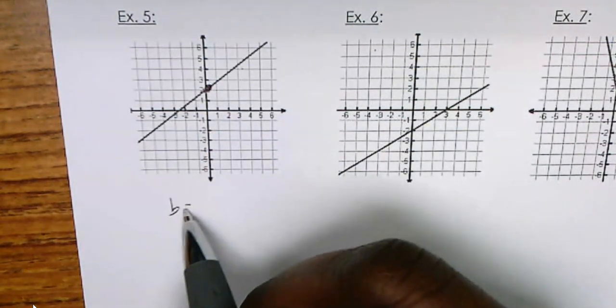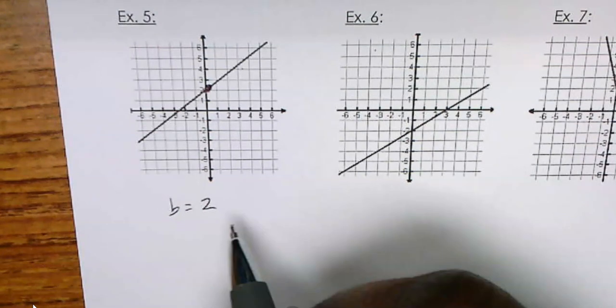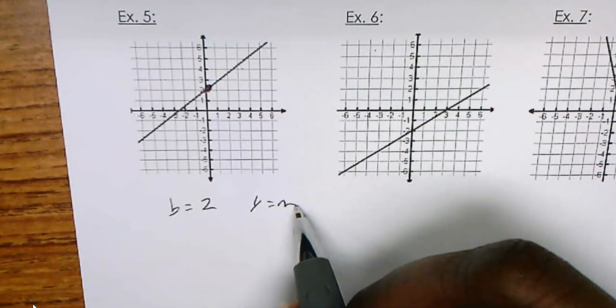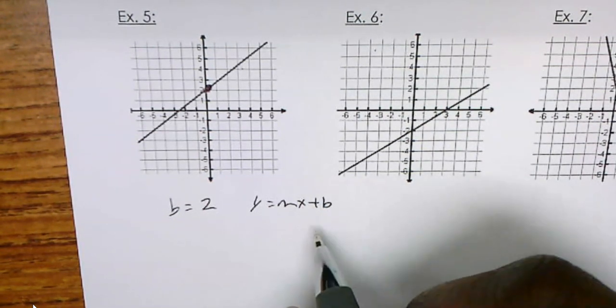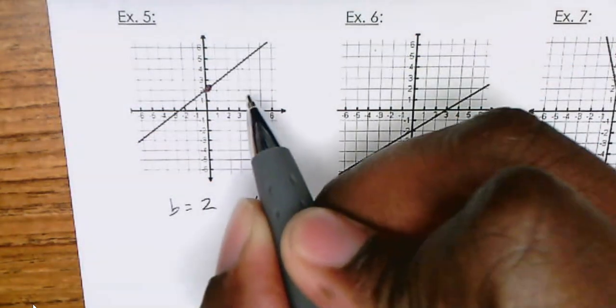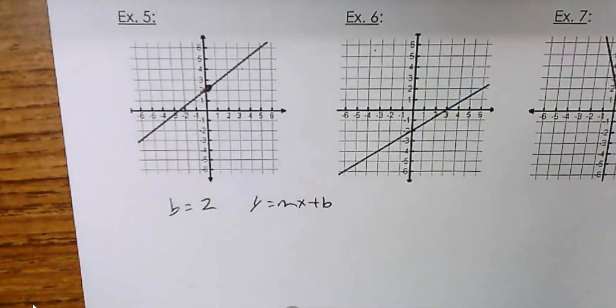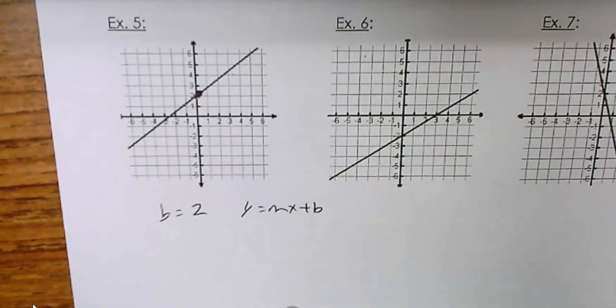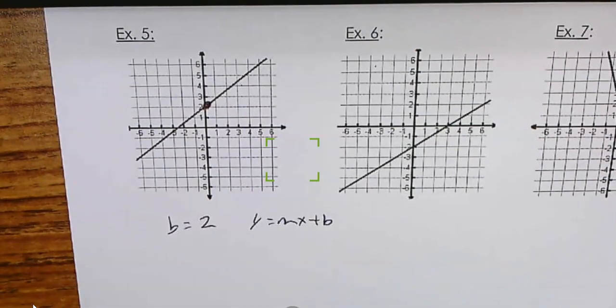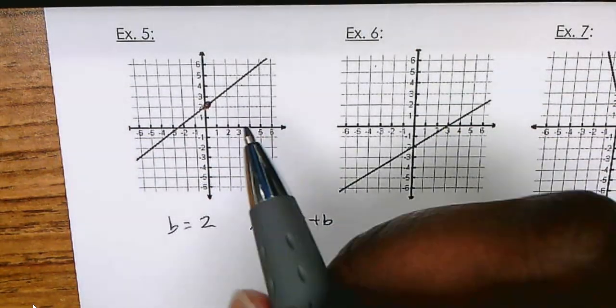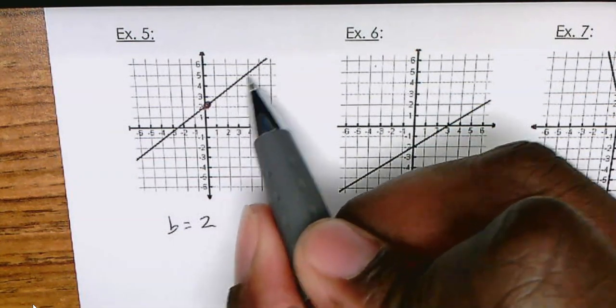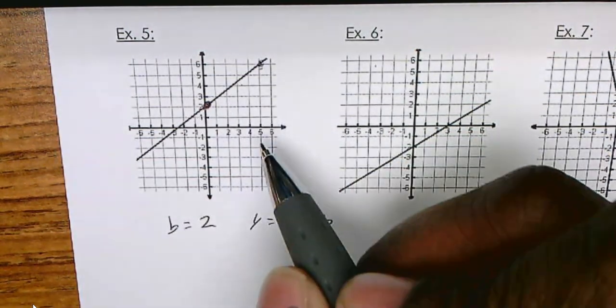So I know b equals 2, and the formula is y equals mx plus b. I need to choose another point on that line. So I look closely for another place that crosses at a corner, and it looks like the next place it crosses at a corner is up here.